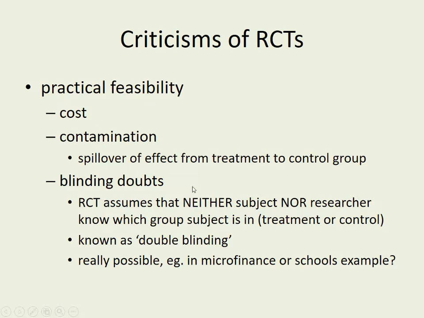And blinding is a term that's used in experimental science, medicine and elsewhere. An RCT assumes that neither the subject nor the researcher knows which group they're in, treatment or control. Such as when you take medicine, if you're in a medical trial, you get given some tablets to take and you don't know whether they're the real McCoy or just a sugar pill. Unless you're in a homeopathy trial, in which case it makes no difference.